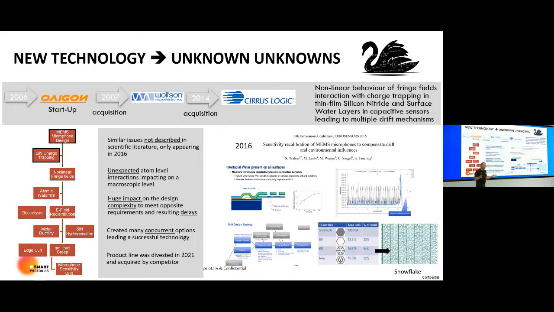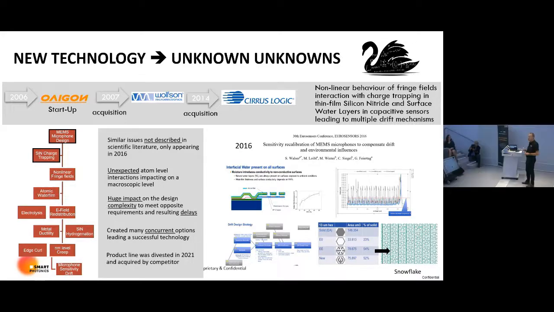That was really Pandora's box. There were so many problems that the design space became very complex. And that gave about a 2 to 3 years delay in getting these components onto the market.